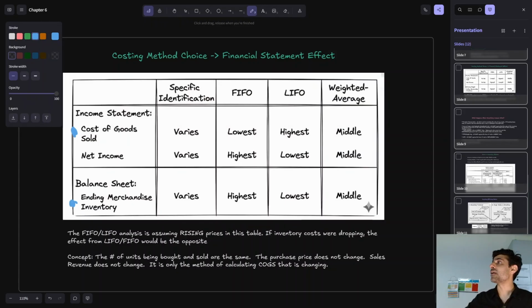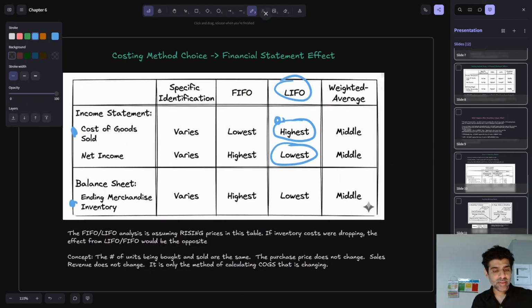If we assume inflation, that LIFO is going to be expensing the more expensive inventory that you purchase first. And so that's going to make your cost of goods sold higher. If your cost of goods sold is higher, that means you're going to make your net income low.